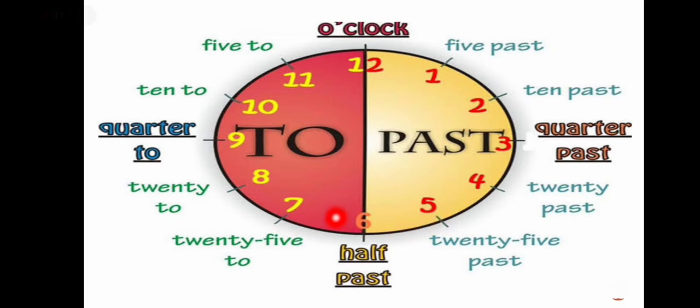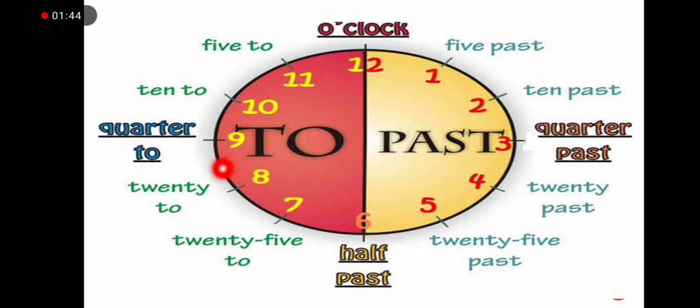Now we are moving towards the to time part of the clock. When we move from 6 to 7, now we cannot say 35 minutes passed. We can say 25 to the next hour, means 25 minutes are left in the next hour.